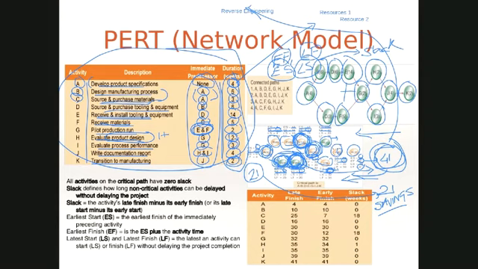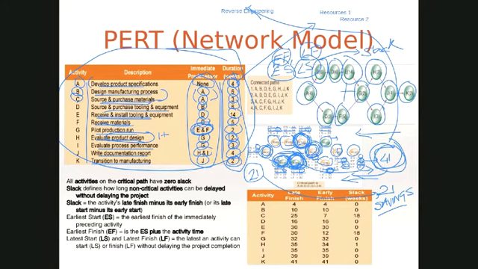So with 41 weeks, the latest K can start in order to maintain the 41-week timeline is 39, because it takes 2 weeks to run. Which means the latest J can finish is 39 weeks, and the latest it can start, because it takes 4 weeks, is 35.